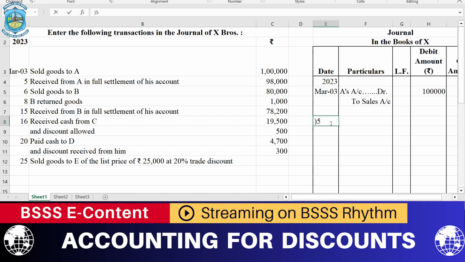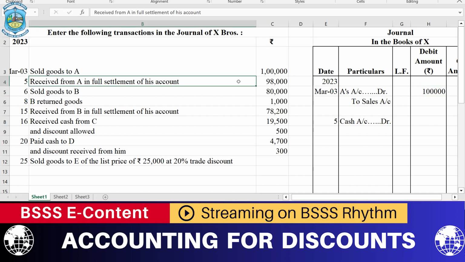the date, that is March 5, and we would record the receipt of the cash, that is cash account debited. And since we are paying him lesser amount against the amount which was to be paid to him. Now, there is already a debit balance in A's account, right, which has to be settled because in the transaction itself it is written that the payment has been made in full settlement.